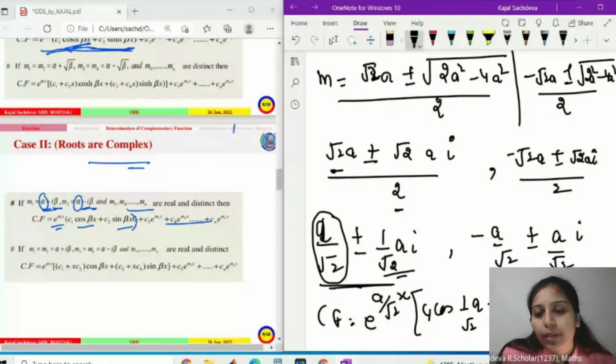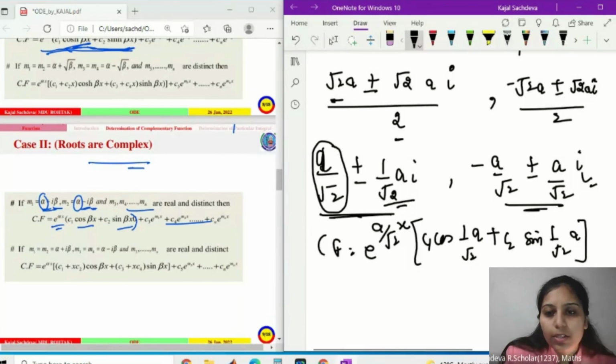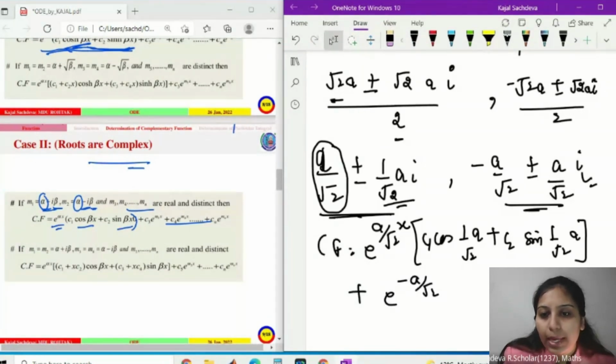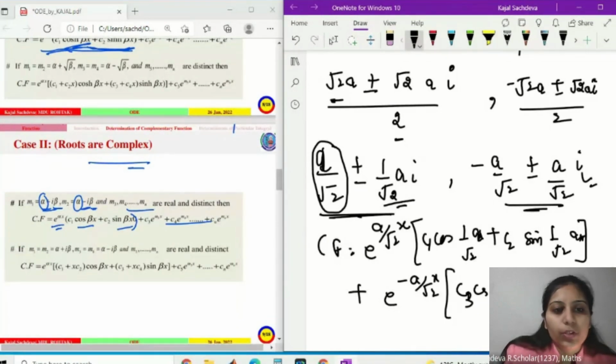And similarly we can write the solution of this, just plus e raised to power minus a upon root 2 x, c3 cos (a/root 2)x plus c4 sin (a/root 2)x, because c1 and c2 have been taken already. So we have the required solution of the given equation.